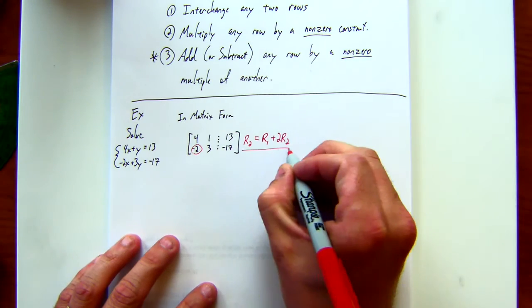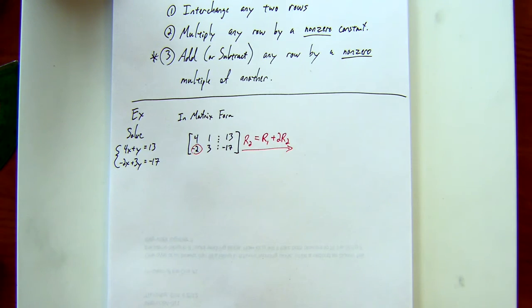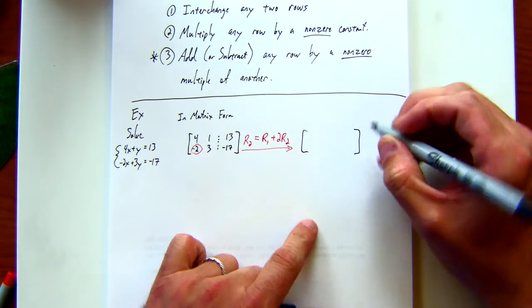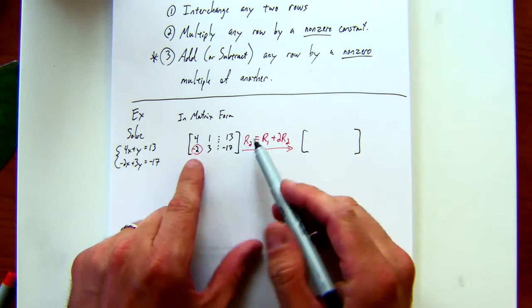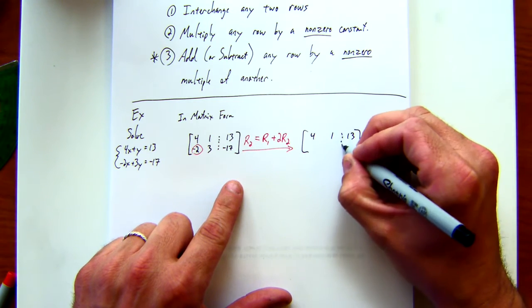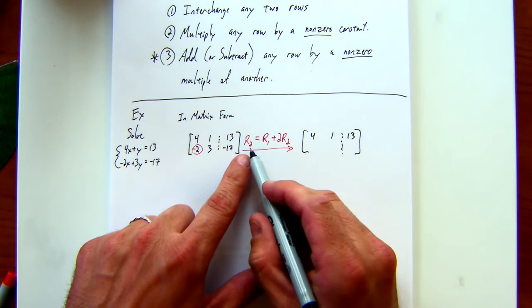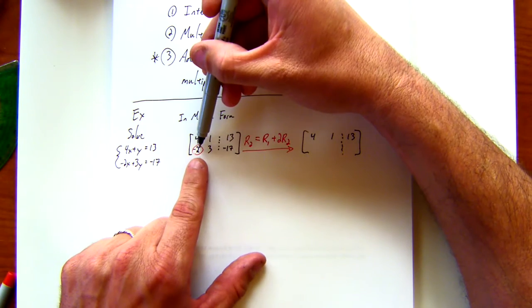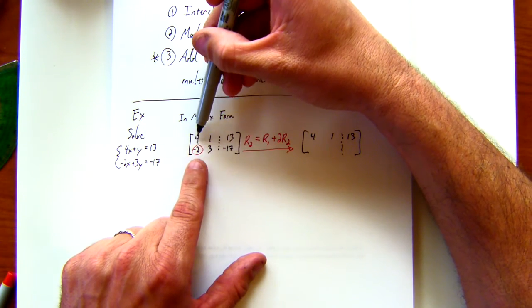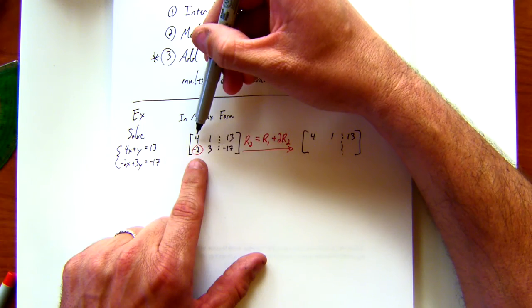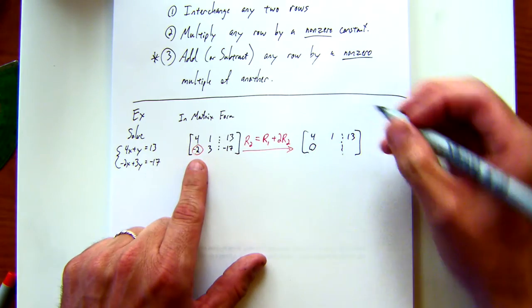Now if I do that, notice row 1 is not going to change, so I can just write that all the way across. The only thing that's changing is my row 2. So I'm multiplying it by 2 and then adding row 1. 2 times negative 2 gives me negative 4. Negative 4 plus 4 is 0.